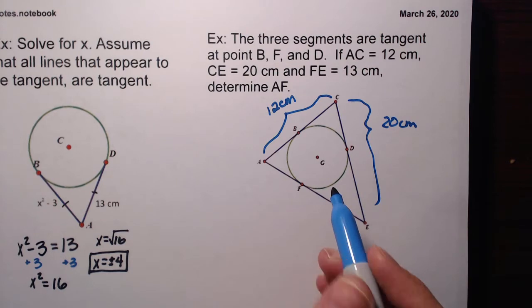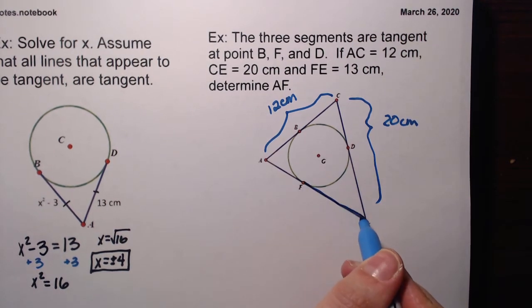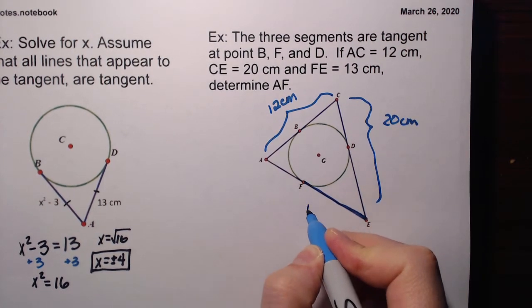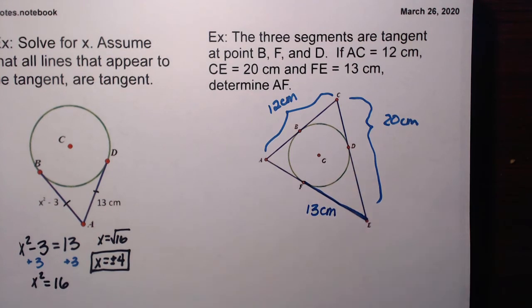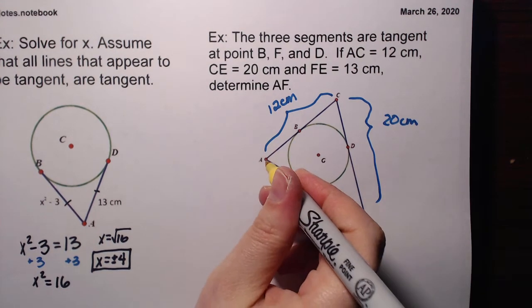So pay attention to what it's talking about. FE is just this piece right here. Determine the length of AF. So I'm trying to find the length of this piece right here.